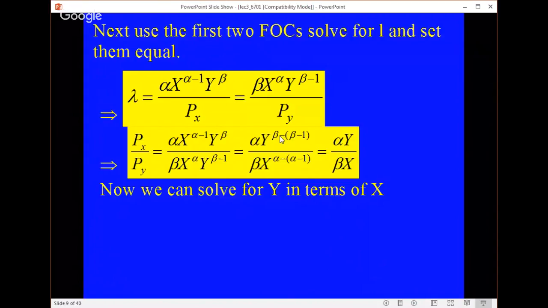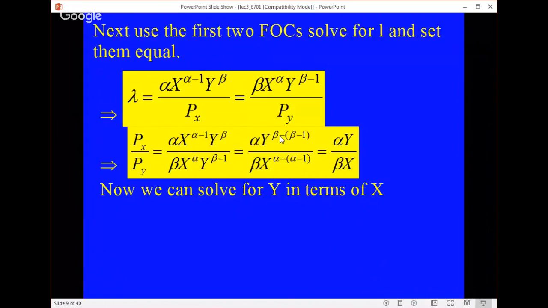I have y to the beta over y to the beta minus 1. I can rewrite that as y to the beta times y to the negative beta minus 1.